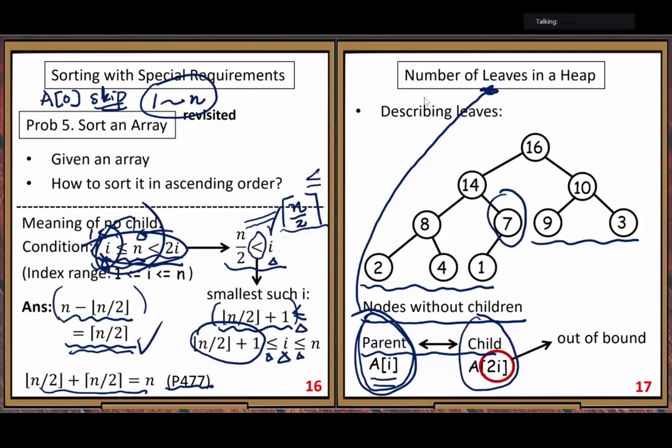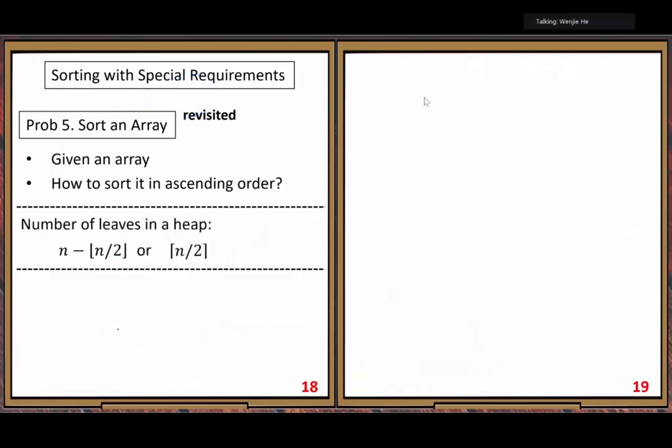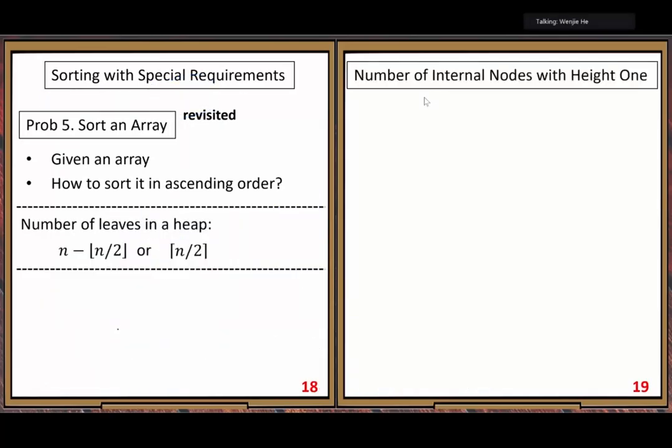All right. So we complete this first one, but now we want to continue. Number of internal nodes with height 1. First, let me recall the concept. What is the internal node? External node and internal node.